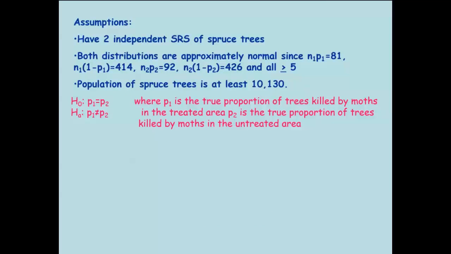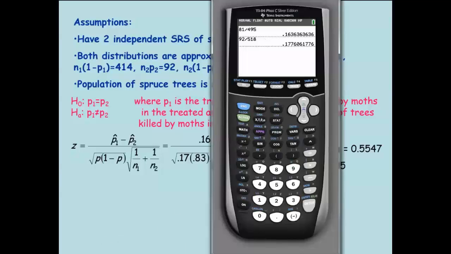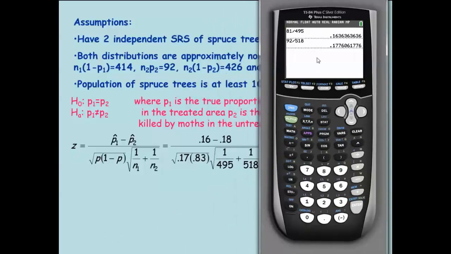Okay, so then we're going to set up our formulas. Let me pull up my calculator again, to remind ourselves of where we're getting these things. So the 0.16 was from the first sample, and this 0.18 came from the second sample.